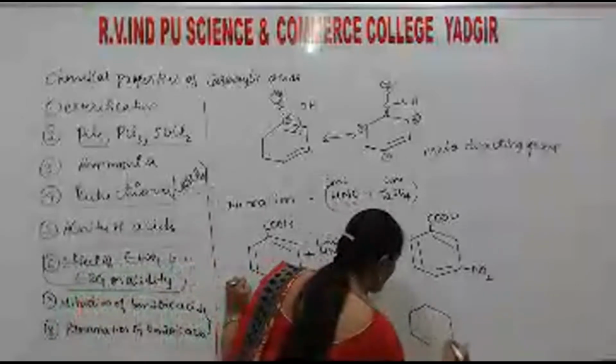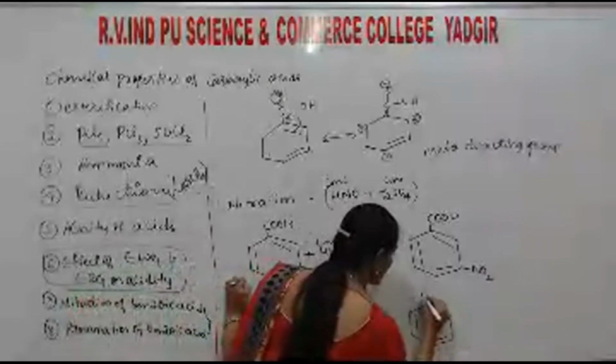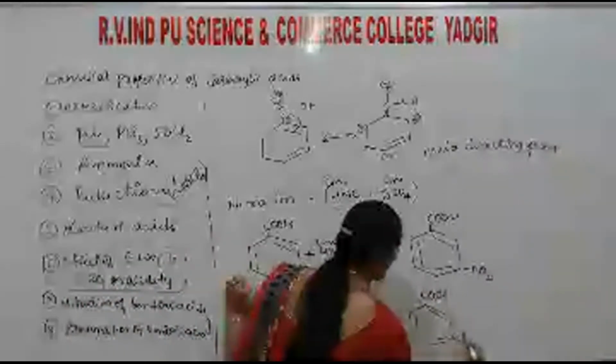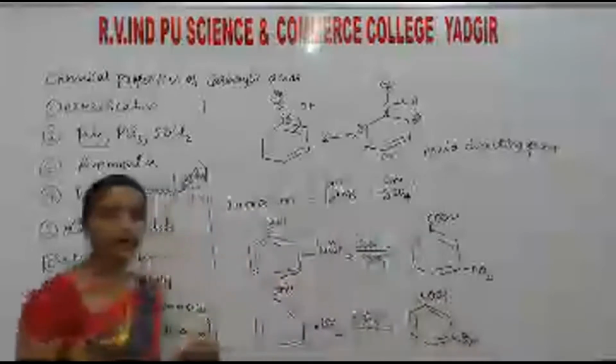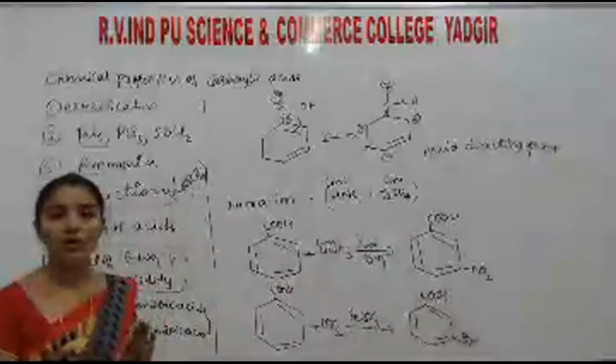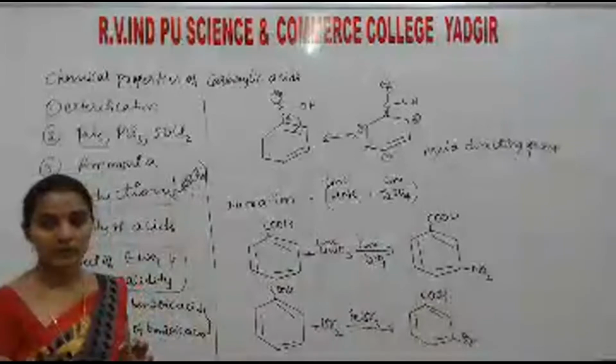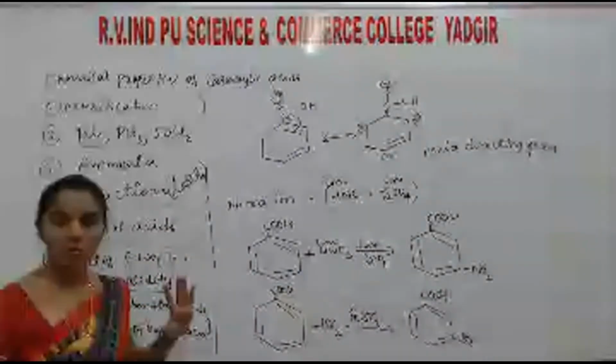Then they form meta-bromobenzoic acid. Here the COOH to this meta position, bromine is attached. Meta-bromobenzoic acid.